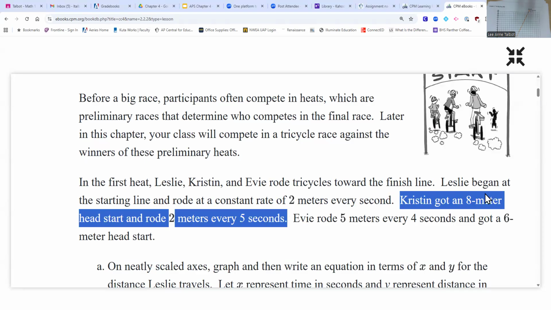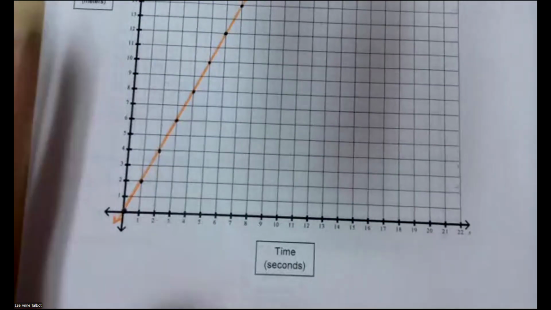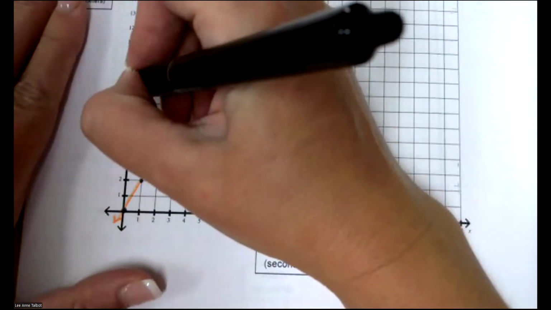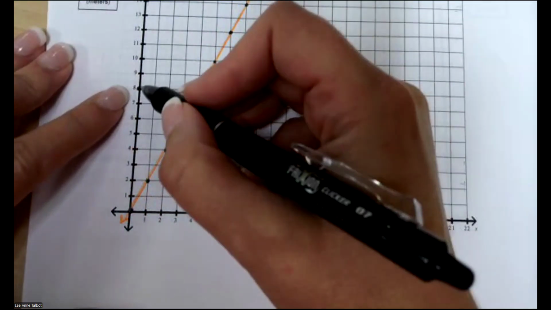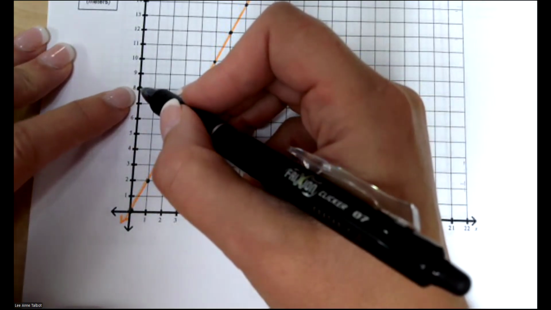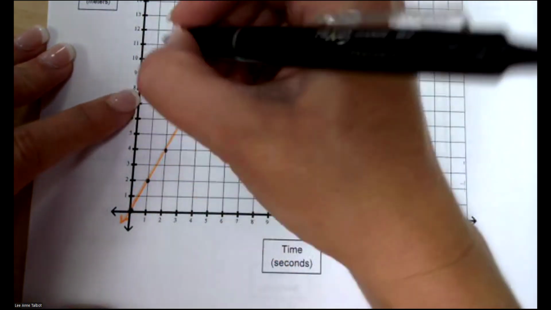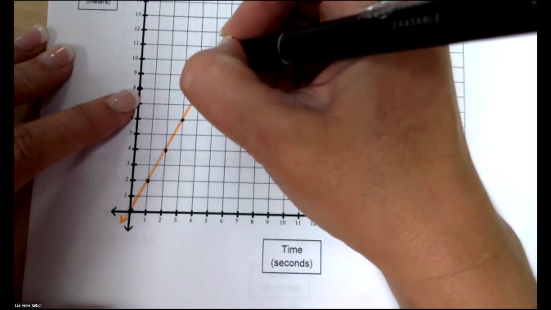Kristen got an 8-meter head start and rode 2 meters every 5 seconds. Okay, so start with her 8-meter head start. So Kristen got an 8-meter head start and rode 2 meters every 5 seconds.